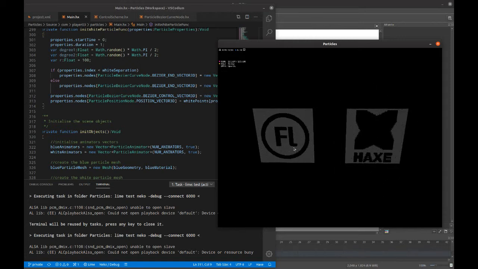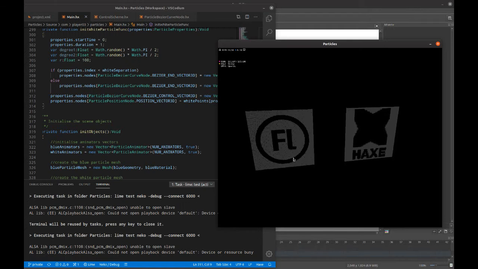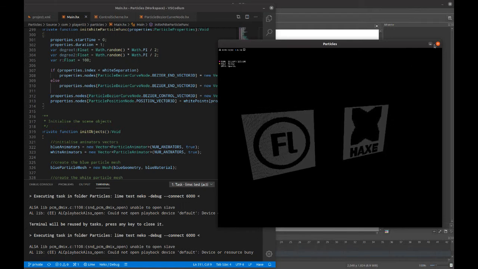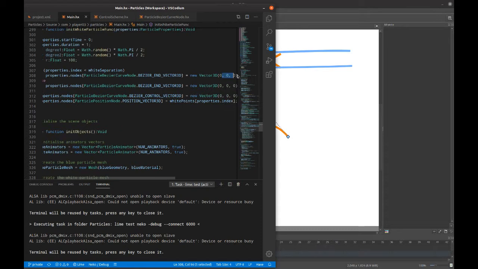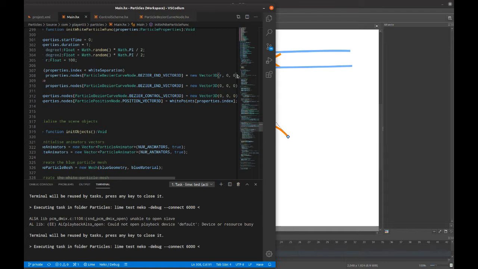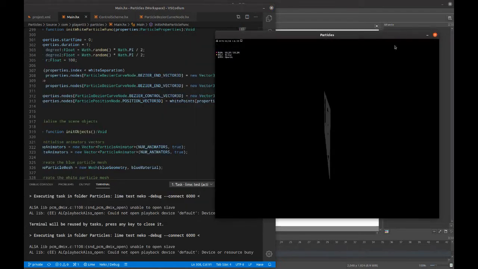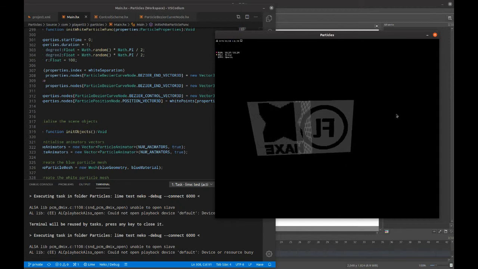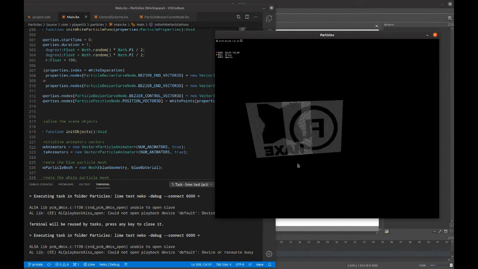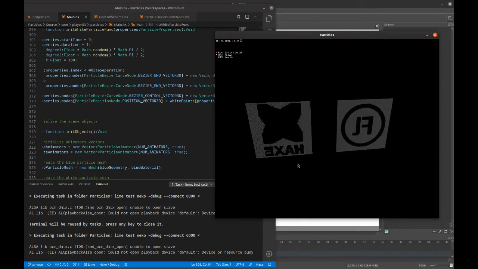That means that an endpoint of 0, 0, 0 actually means that the endpoint is 0 units away from the start point. We're going to set an endpoint for, I think, the Haxe one, of some units away along just one axis. No, it's the OpenFL one that's moving.